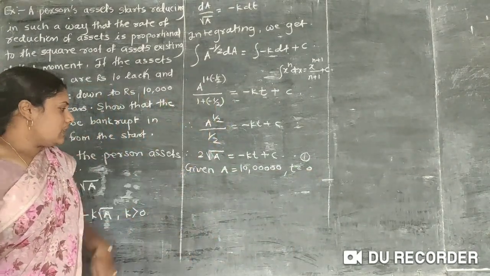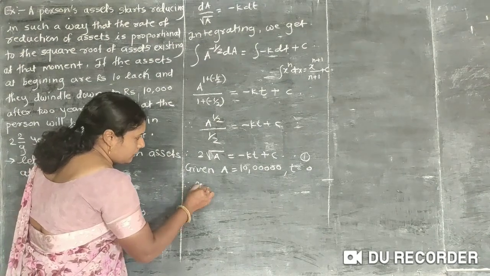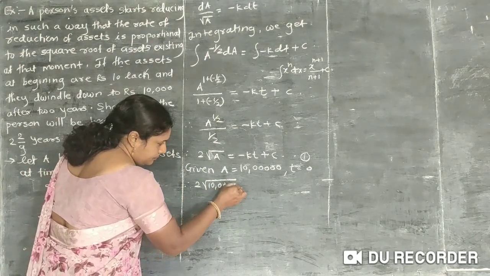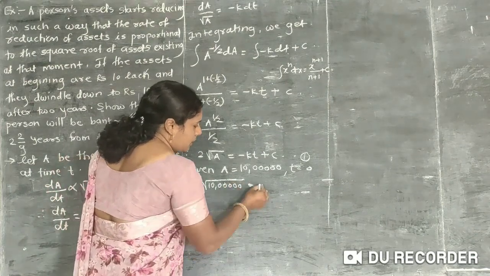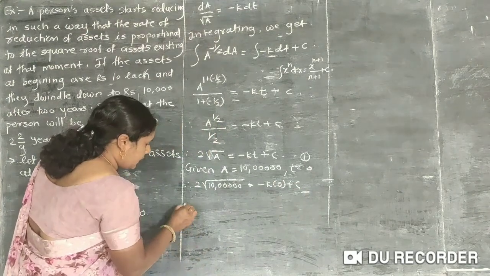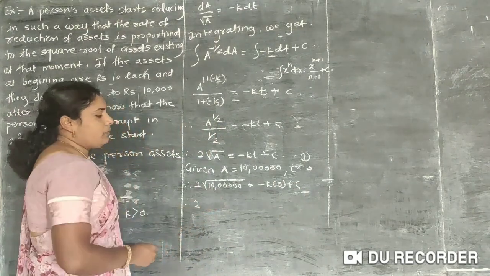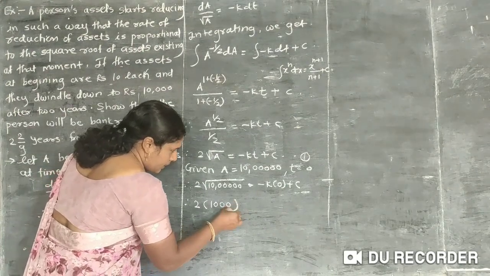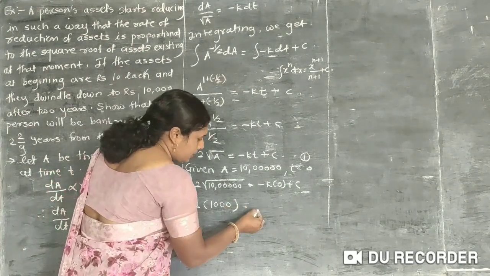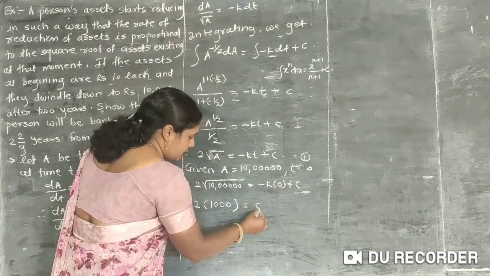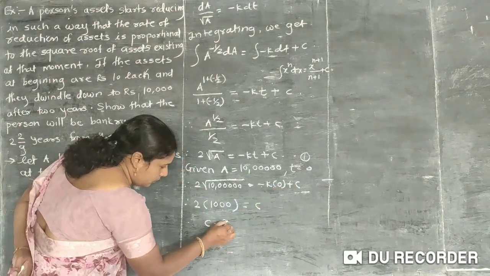Substitute these values in this equation. We get 2 into square root of 10 lakh is equal to minus k into 0 plus c. Therefore, 2 into square root of 10 lakh is 2000, equal to minus k into 0, which is 0, plus c. Therefore, c is equal to 2000.